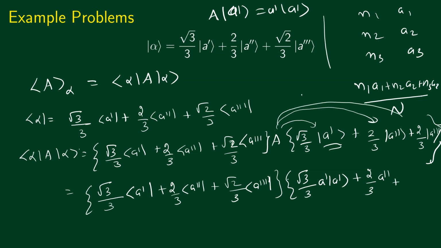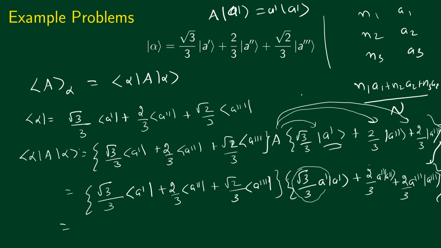Now A acting on ket a''', again the number is there, this is a''' ket a'''. All right, now we know how to multiply this. Oh, sorry, I missed the ket here, this is a'' ket a''.